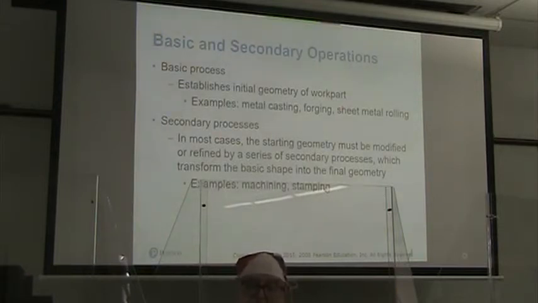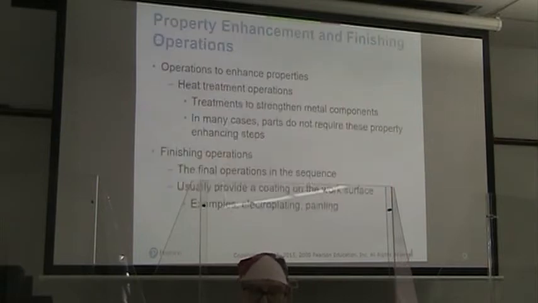So we have cast or forged our part, then we get it closer to the finished dimensions in our secondary process until we get to our final geometry. Examples of this might be machining or stamping.